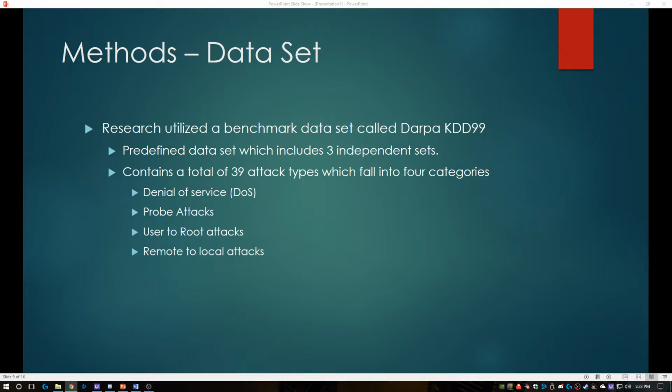User to root attacks are where local users get root access to a system without authorization, and then they exploit the machine's vulnerabilities. Remote to local attacks are unauthorized attacks that gain local access to the machine from a remote location and exploit the machine's vulnerabilities.